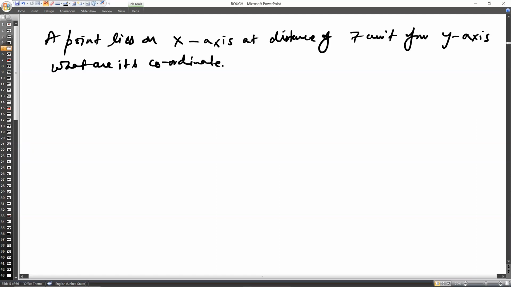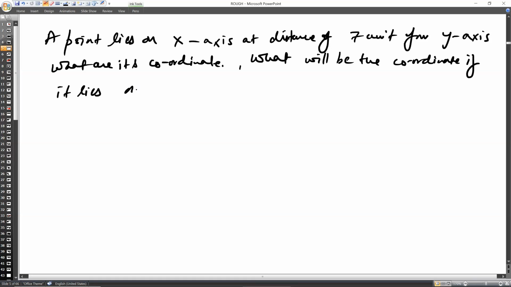And second question: what will be its coordinates if it lies on the y-axis at a distance of minus 7 units from the x-axis?